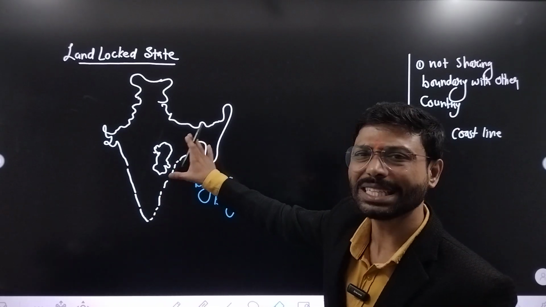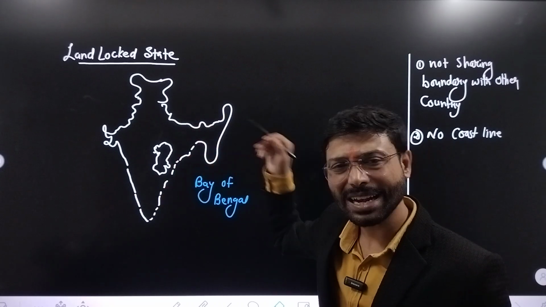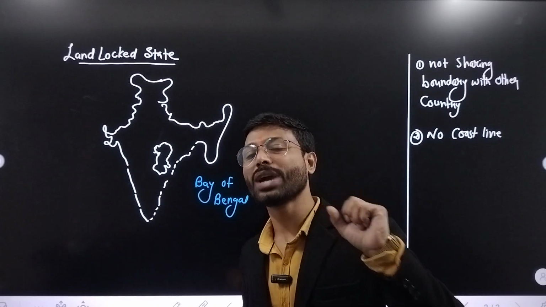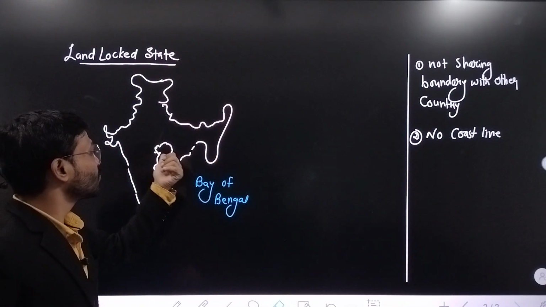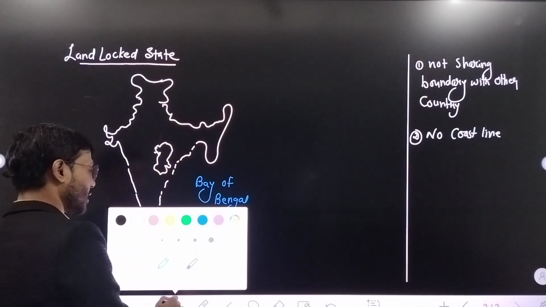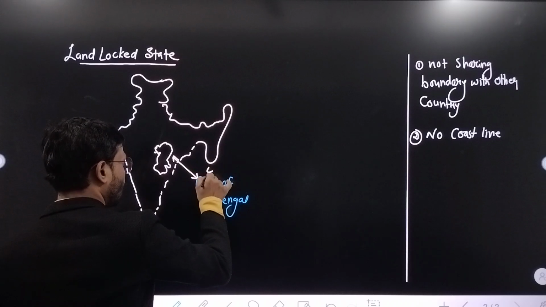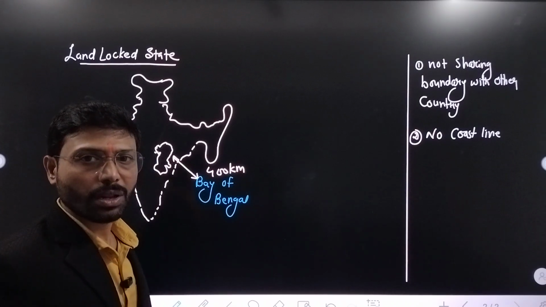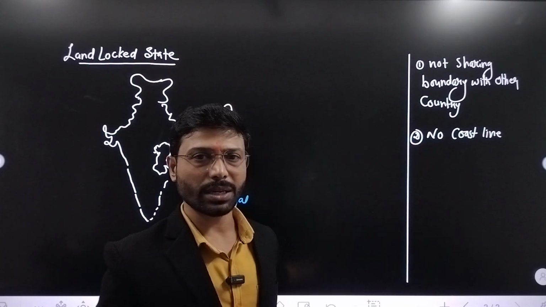But what about Chhattisgarh? Because it is a landlocked state, what kind of transport do we have? See here, it is far away from the Bay of Bengal, approximately 400 kilometers apart, and there is no such condition to have its own coastline.